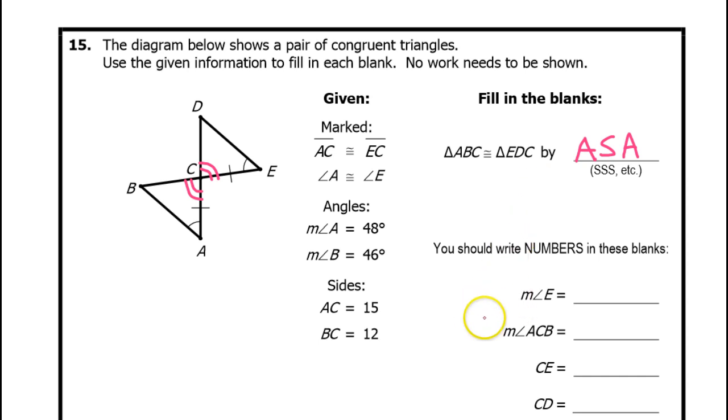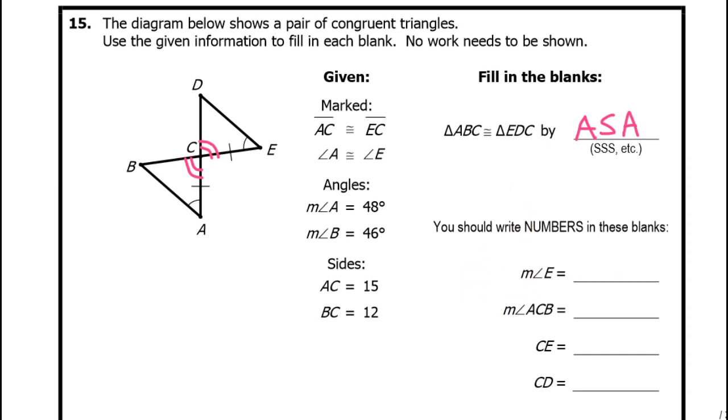Okay, so now we need to use some algebra and find these numbers. So for angle E, well, we know that angle E is congruent to angle A. Angle A is 48. So that means angle E is also 48.